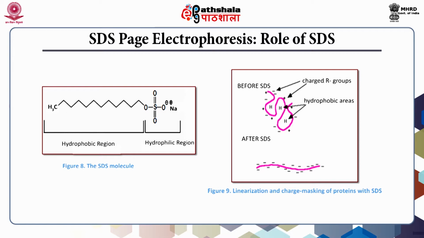Anions of SDS bind to this linear chain at a ratio of about 1 SDS anion to every 2 amino acid residues. This SDS-protein complex now has an overall large net negative charge that is proportional to the mass of the protein. This negative charge conferred by the SDS molecule is usually much greater than the charge on the native protein, thus rendering the native charge on the protein as insignificant, as you can see in this figure.